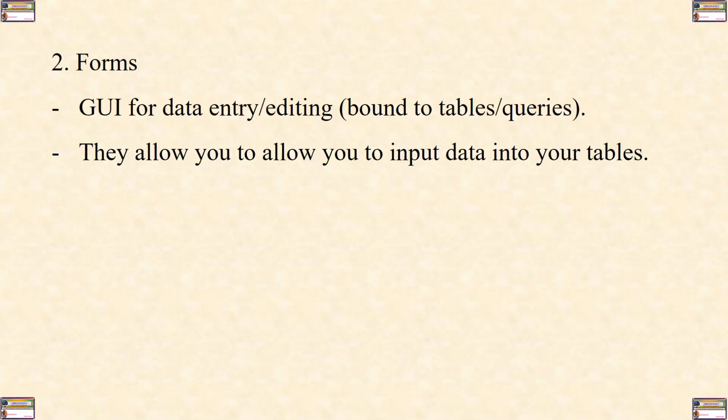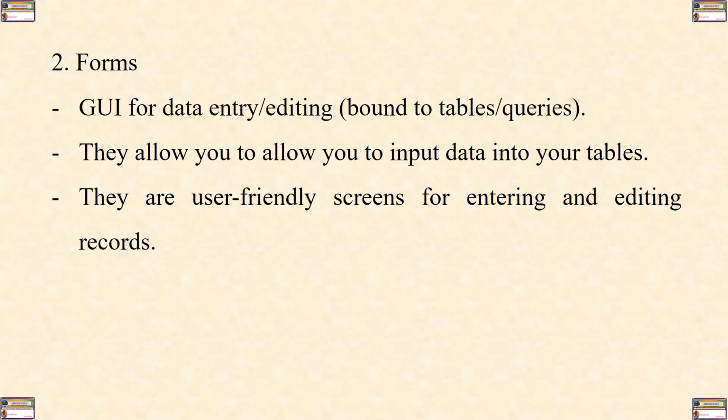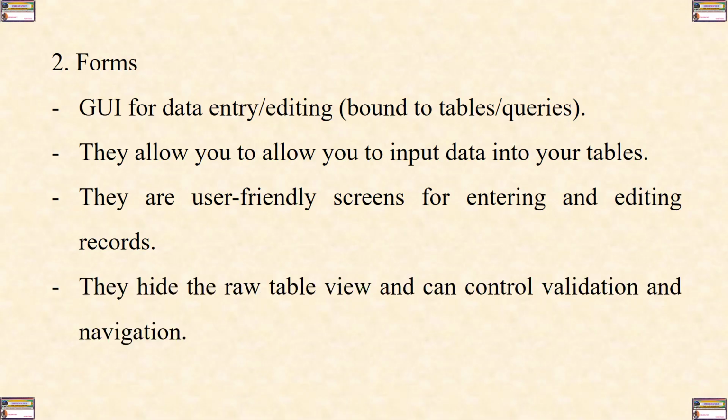They allow you to input data into tables, and they also allow you to edit or make changes to your data depending on the kind of form that you have created. They are user-friendly screens for entering and editing records. They therefore hide the raw data from the table. In other words, when you have various forms for various tables, you do not need to interact directly with the tables.